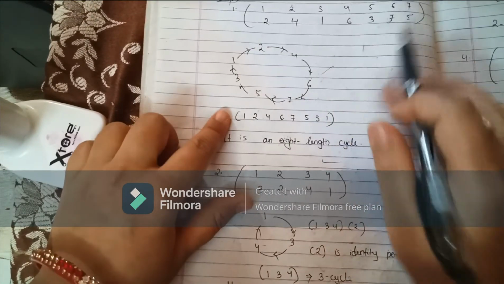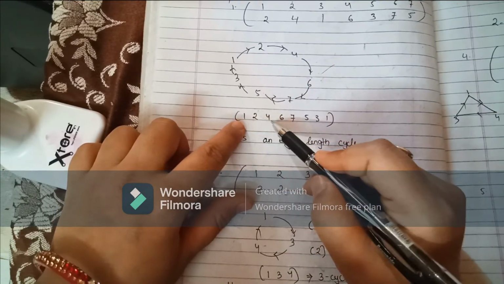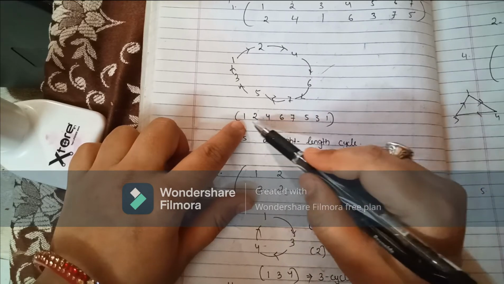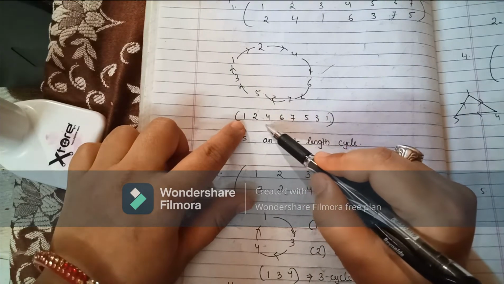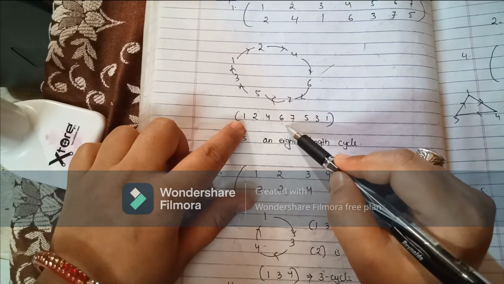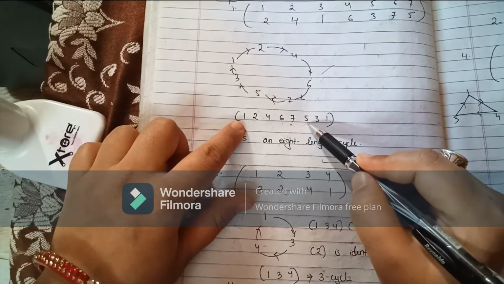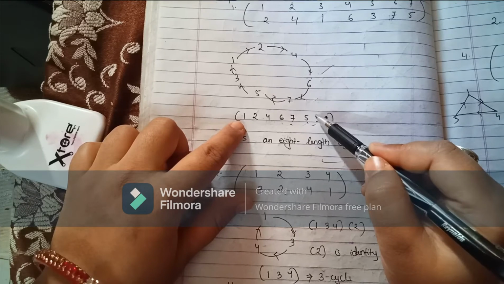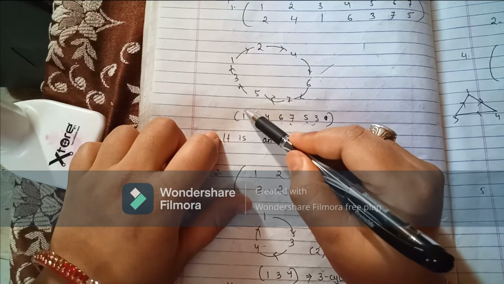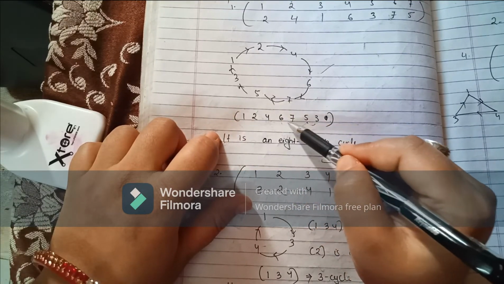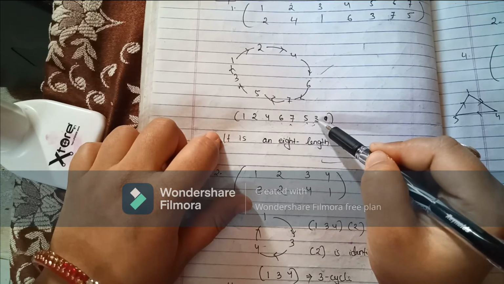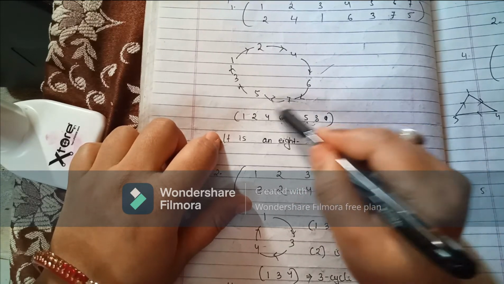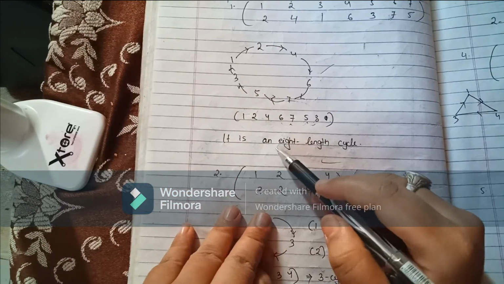So we can write it as 1 2 4 6 7 5 3, and there is no need to write 1 again here. Whatever is here will again map back because this is a cycle, so 3 will map to 1.